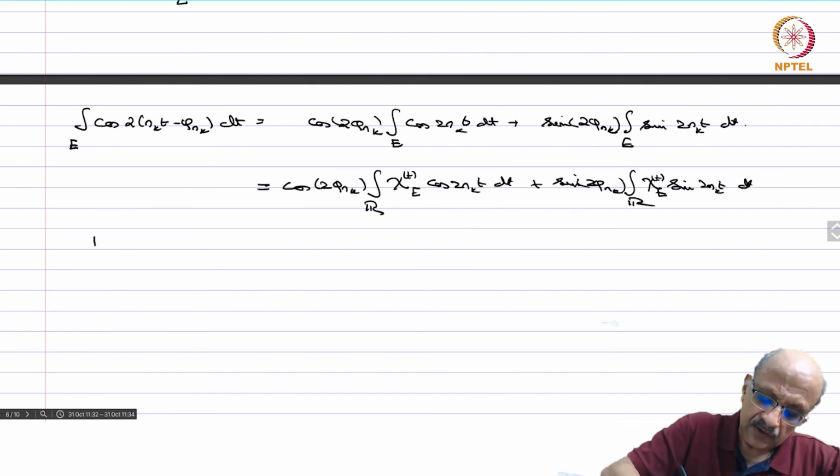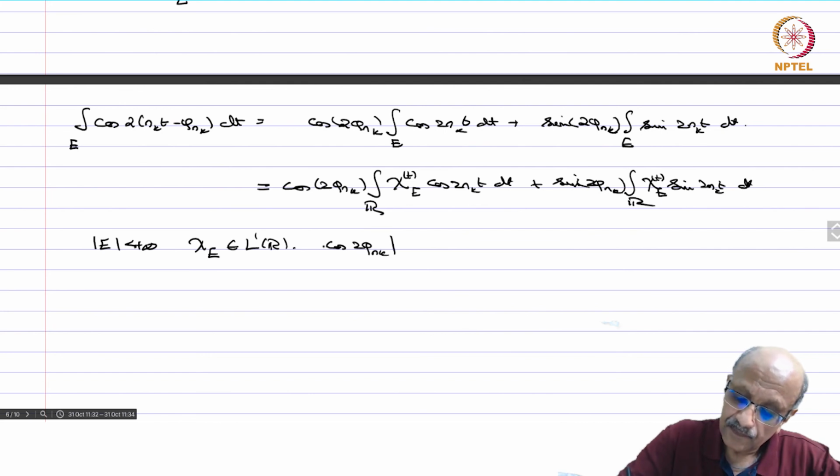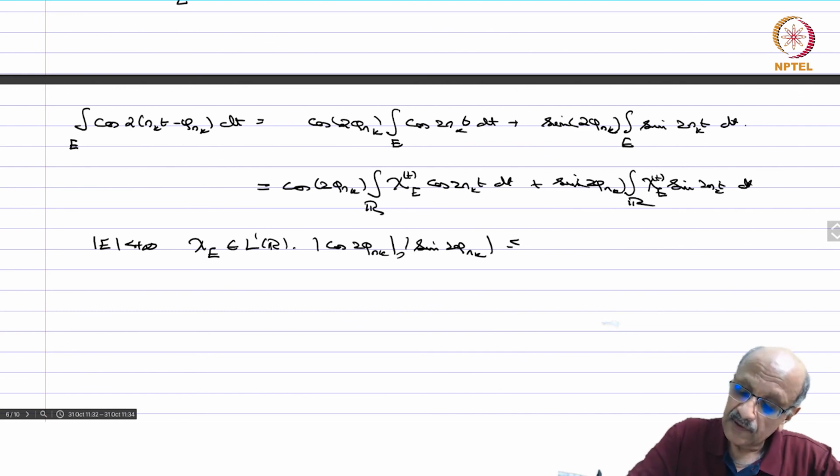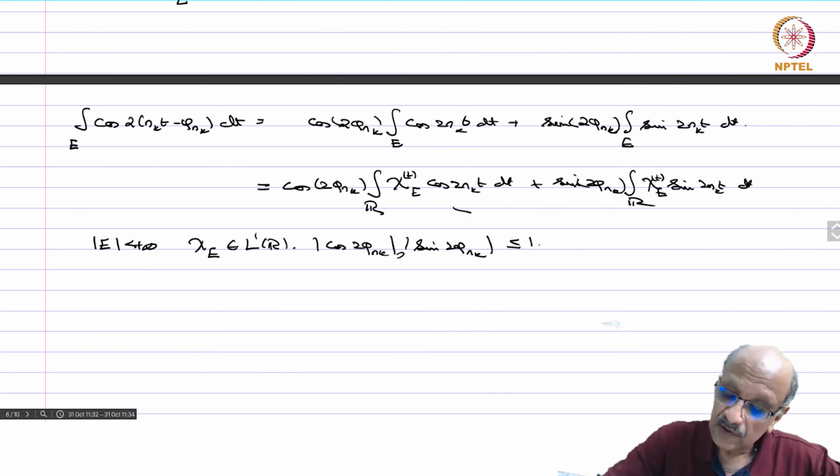Now mod E is of finite measure, therefore chi E belongs to L1 of R, and cos 2 phi nk and sine 2 phi nk are all less than or equal to 1. Therefore, each of these terms has to go to 0 by the previous exercise, exercise 13.